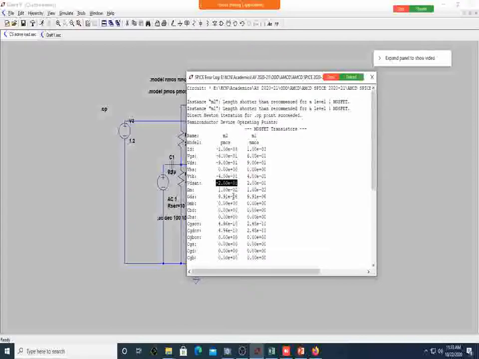Can you see GM? It is 1 into 10 power minus 2, or 10 milli. Am I correct? What is GM now? Is it not 10 millisiemens? Okay, don't worry about this GDS. We'll come to the GDS later.